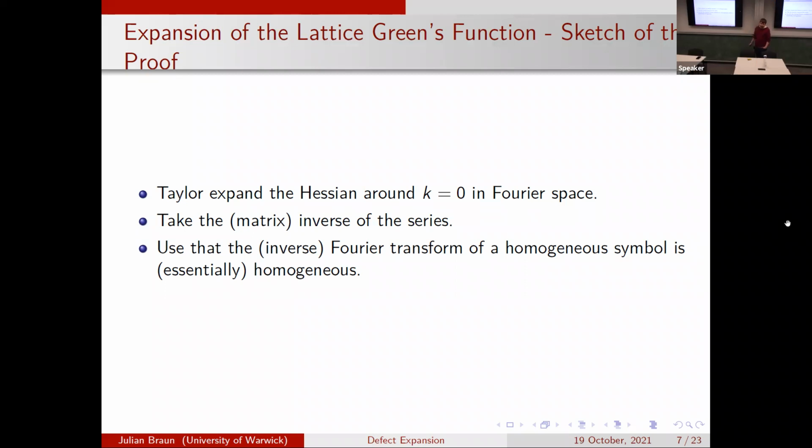With some restrictions, so in 2D you might get a logarithm, but this is fully understood. This is called essentially homogeneous. Right, so the 2D Laplacian gives a logarithm. But that's the general idea. So these are fairly basic methods, and some simplified versions of this have been done before.